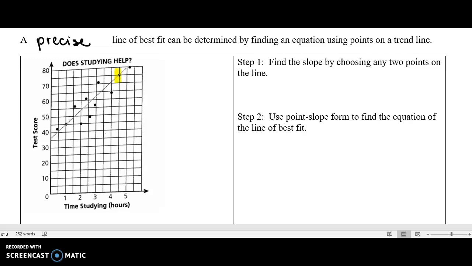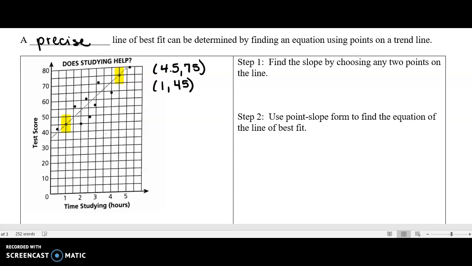So we're going to use this point here, which is 4.5, 75. We're also going to use this point here, which is 145.